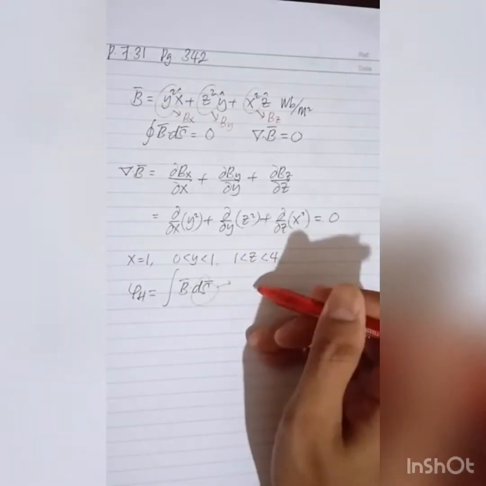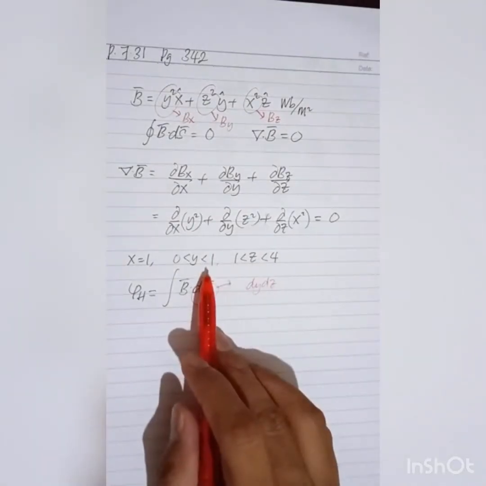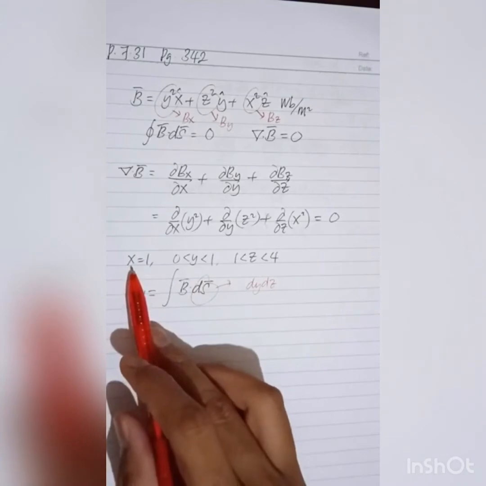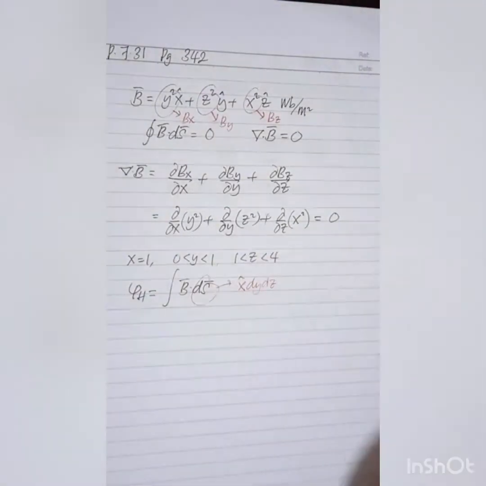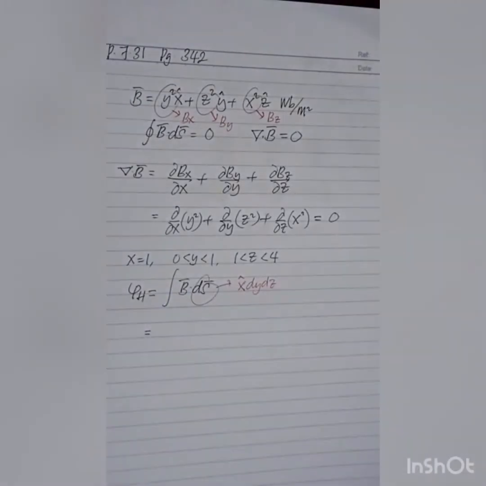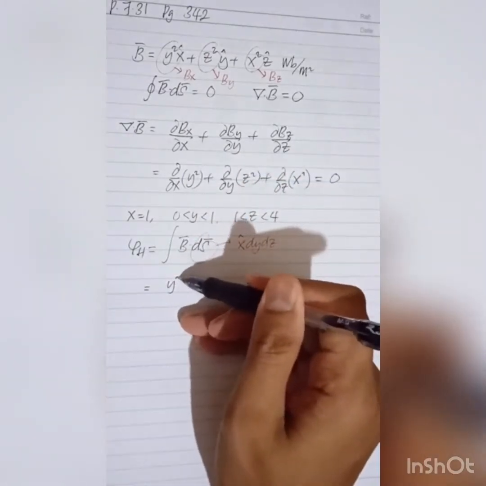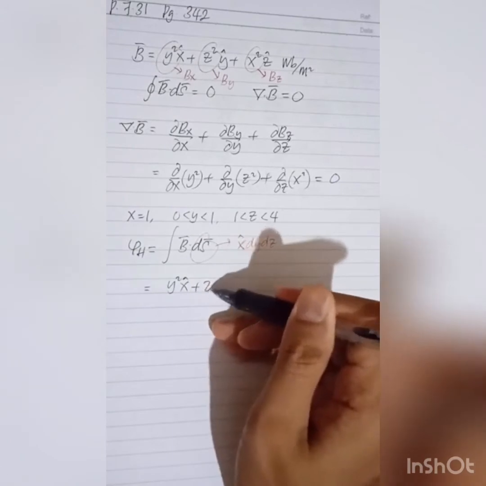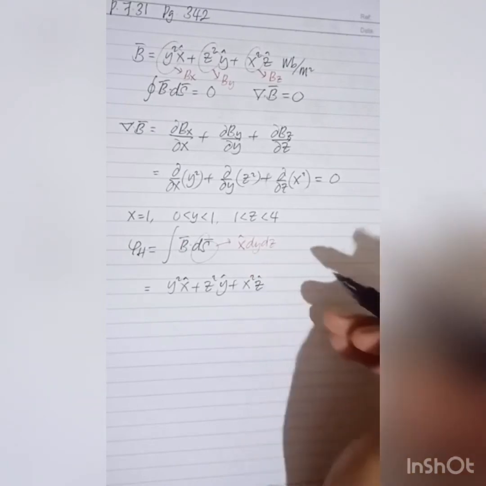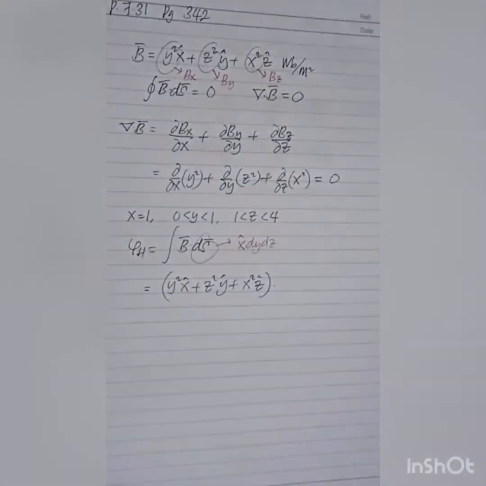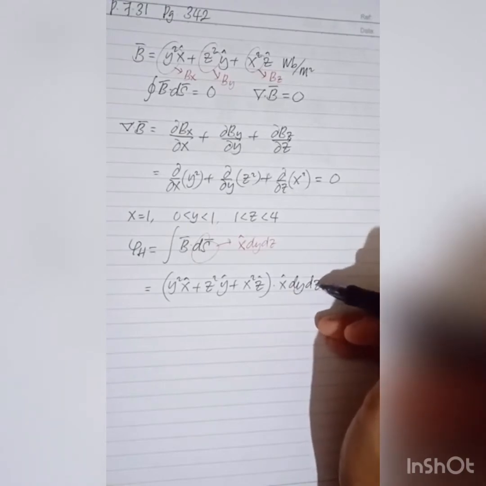So by right, dS here is only dy dz, and for sure the surface is pointing in the x direction, because x remains constant. Now let's substitute the values of B and dS into this equation. B is given as above: y squared x direction plus z squared y direction plus x squared z direction, dot the dS obtained earlier, in the x direction, dy dz.